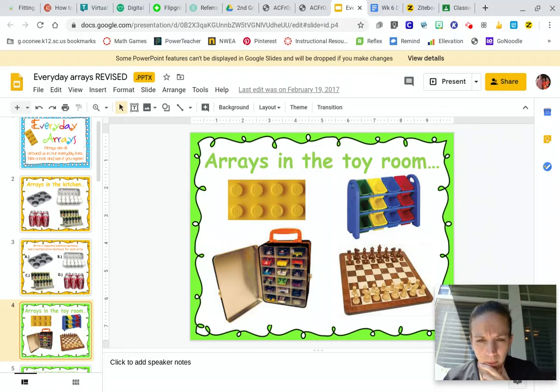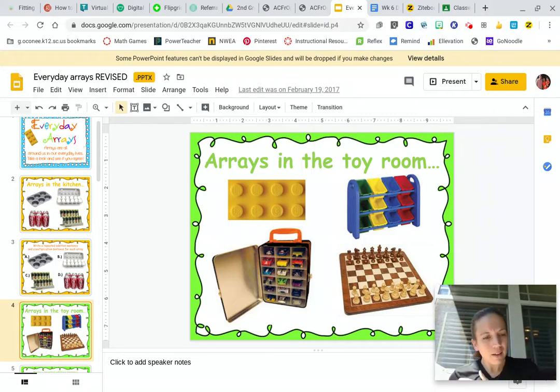This one could be a little bit harder. You've got 3 columns right here, and you've got 1, 2, 3, 4, 5, 6 rows. So it would be like saying 3 plus 3 plus 3 plus 3 plus 3 plus 3. You could also say 6 times 3, which would be 18.